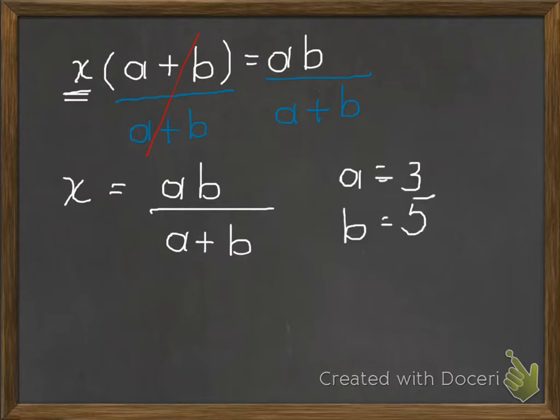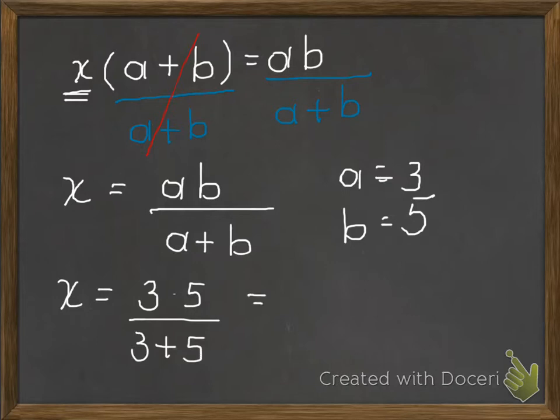And this is the simple formula that we were trying to show that our original equation is the same as. Some of you have already tested this formula out. If we substitute in the 3 hours and the 5 hours, we have 3 times 5 over 3 plus 5, and that's equal to 15 over 8.